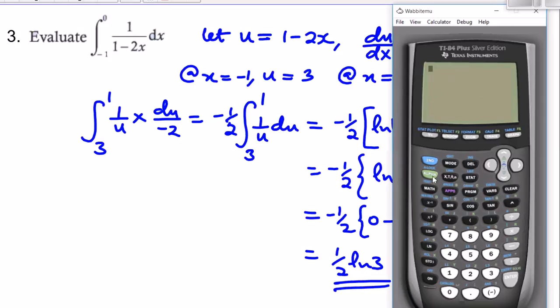So just clear that. Alpha window, let's go to number 4 again. Negative 1, 0, 1 over... oops, I need a fraction here.